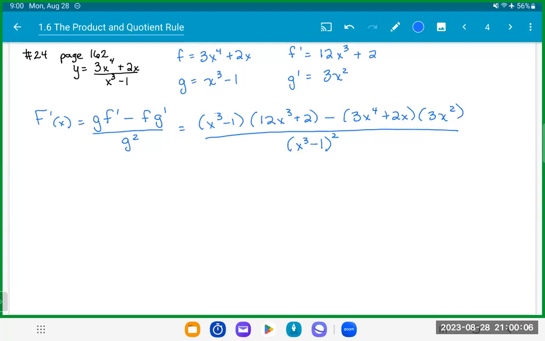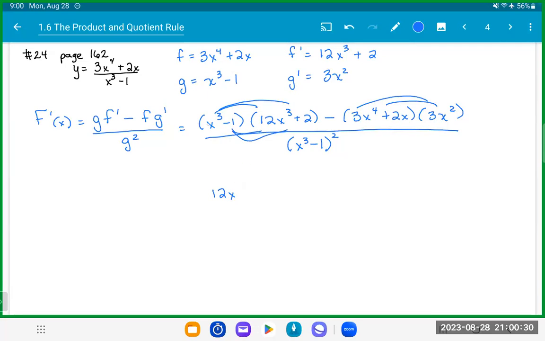Now all we need to do is use our FOIL and distribution to expand all of these, and we have to do the -1 here too. We end up with, just 12x cubed.